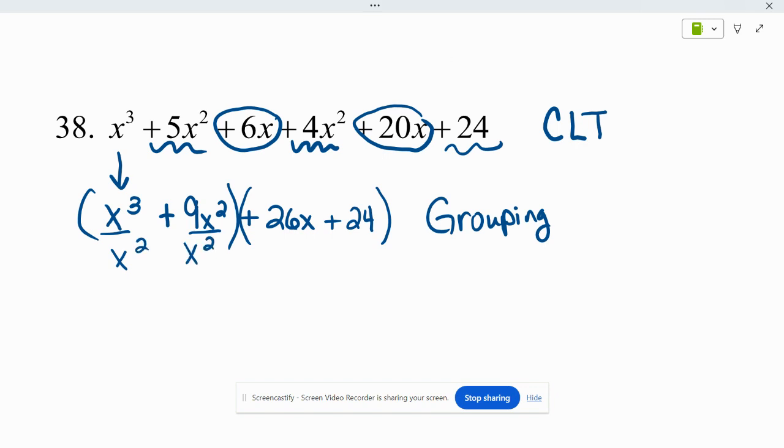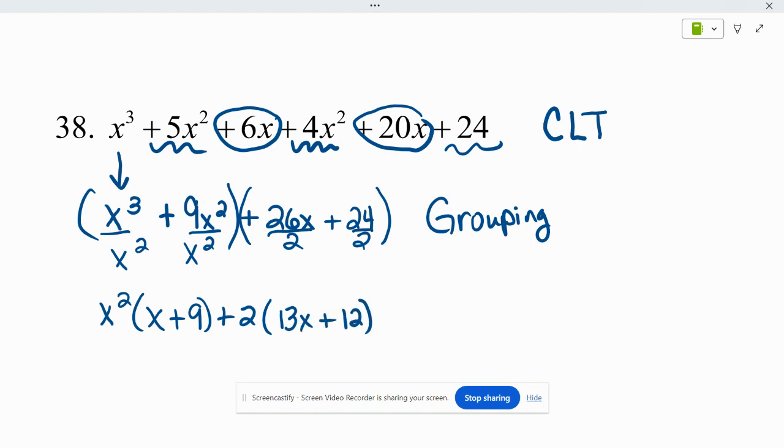When I take an x squared out of my first term, I'm left with x plus 9. What's the greatest common factor I can take out of my second grouping? A 2. When I take out a positive 2, I'm left with 13x plus 12.